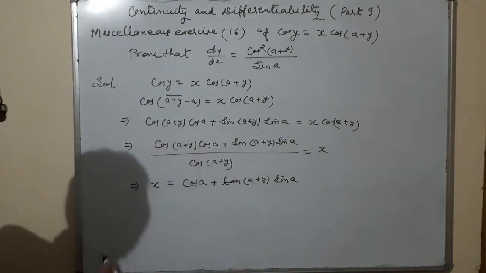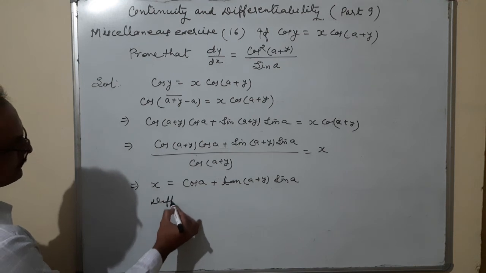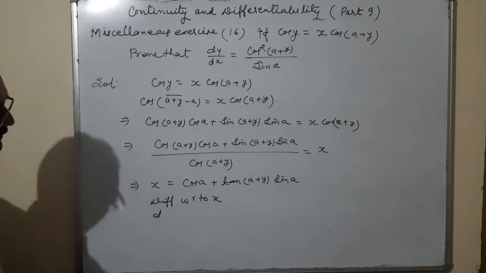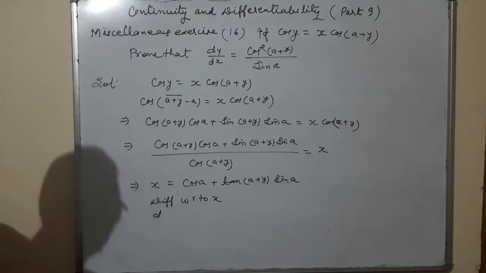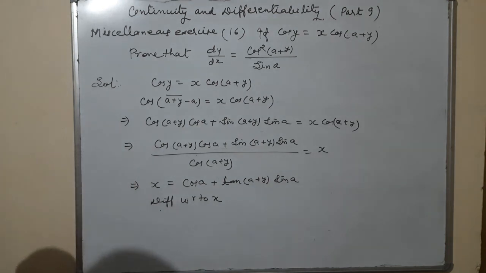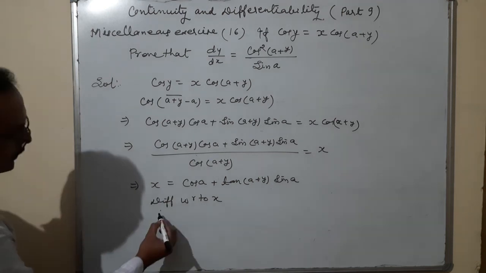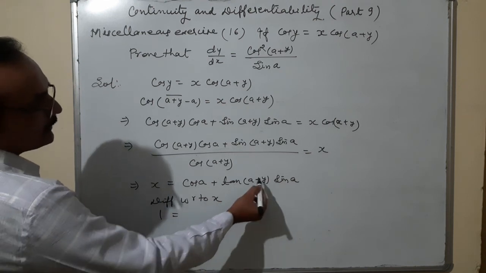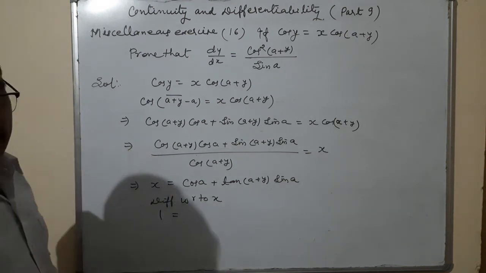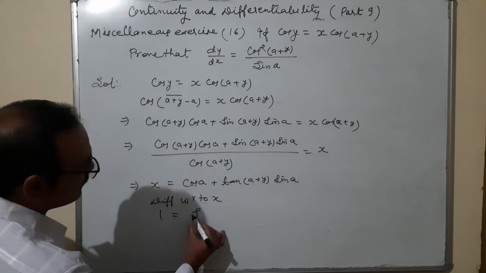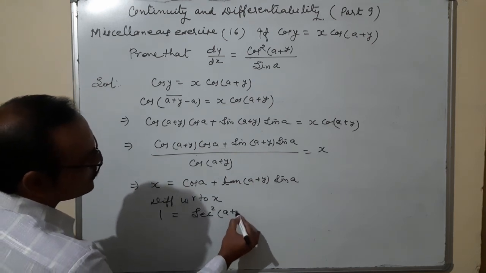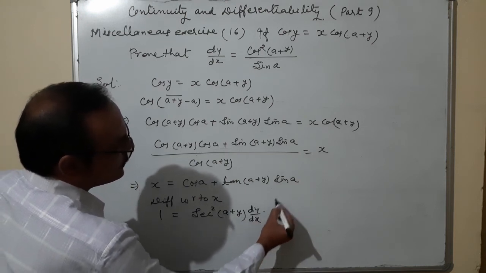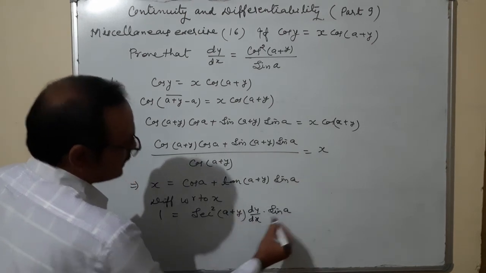And now what should I do? Differentiate with respect to x. Dx by dx, so the differentiation of this is 1. So 1 is equal to cos a, a constant, its differentiation is 0, plus tan a plus y. Differentiation of tan x is sec square x, sec square a plus y, and again differentiation of a plus y, dy by dx, into sin a, a constant term, remains as it is.